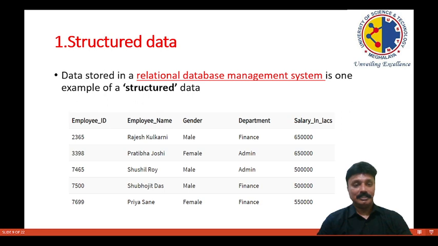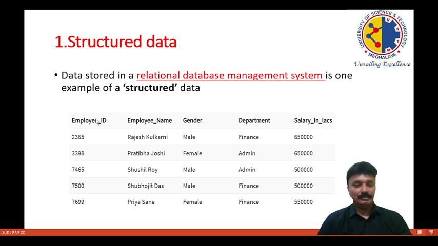In case of structured data, the data will be stored in a relational database management system. The structured data, the rows and columns, can be defined like this: employee ID, employee name, gender, department, salary in lakhs.